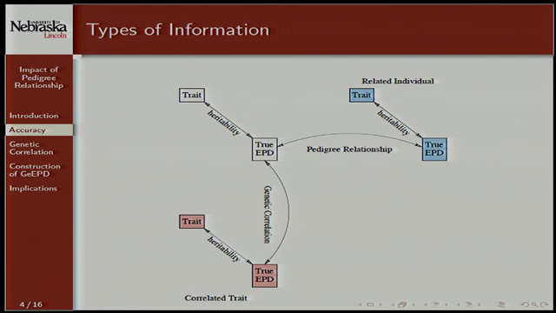We can also measure correlated traits on an individual. Part of it is going to be controlled by the heritability of that trait relating back to the true EPD for the correlated trait. And then it also needs to go through the genetic correlation between the trait that we're interested in and the correlated trait.